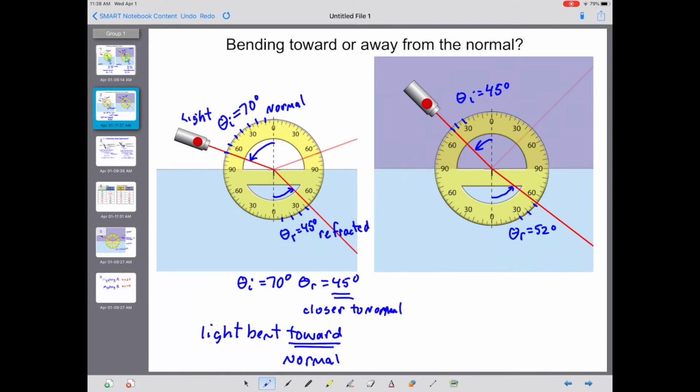Theta R is looking to be about 52 degrees. So with a theta I value equal to 45 and a theta R value equal to 52 degrees, now your theta R value is larger than your theta I value. Okay, so that means that the light had to bend away from the normal.